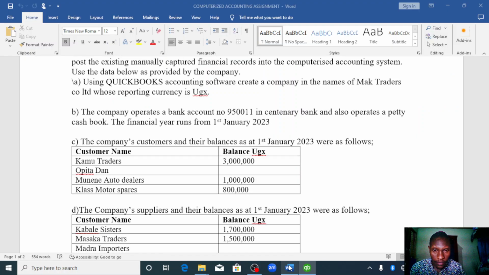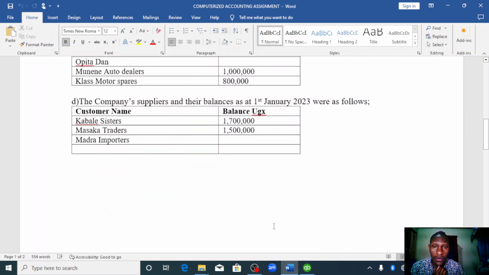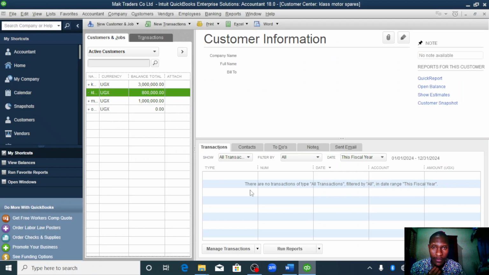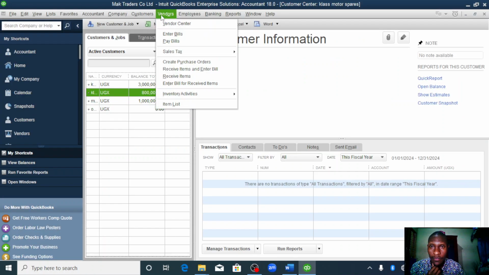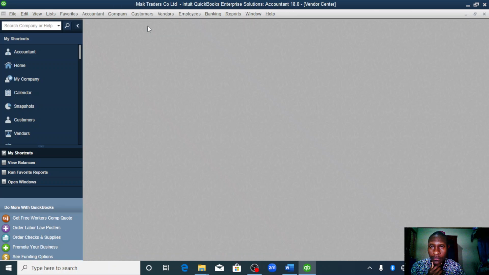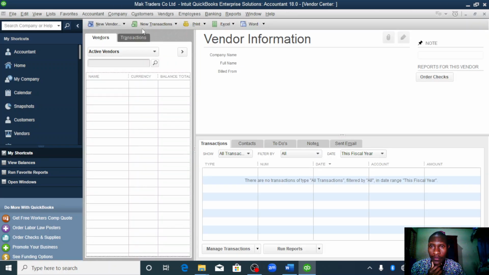Now we are done with customers. Now we go to suppliers, well, the same as vendors. We go to vendors. We go to vendor center. We add a new vendor.